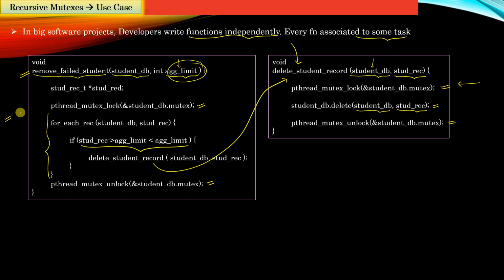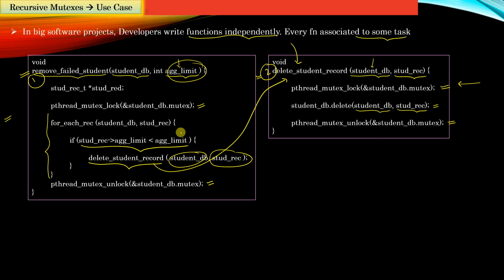Now note that, let us call this API as API 1 and let us call this API as API 2. So the developer who wrote API 1 would not bother to see what is the internal implementation of the API 2. He would simply like to call the API number 2 because he knows that the API number 2 would make sure to delete the student record from this student database.